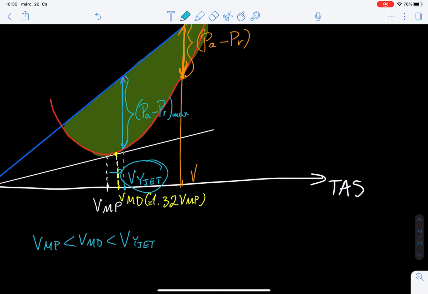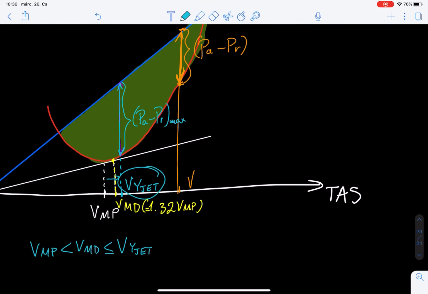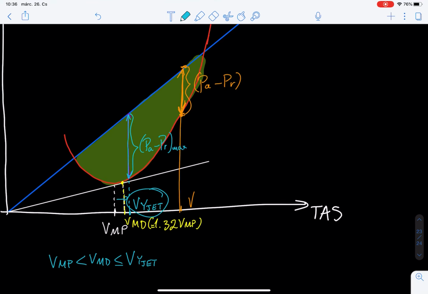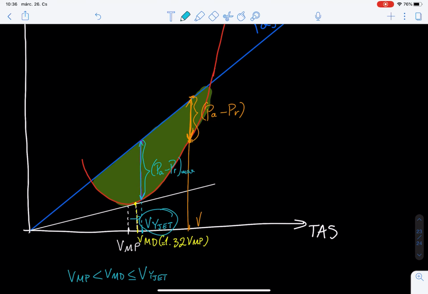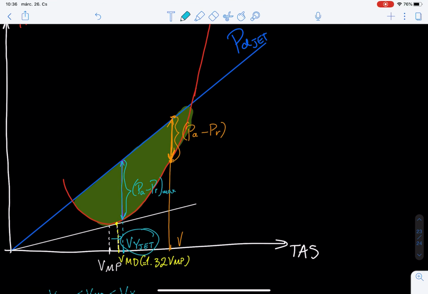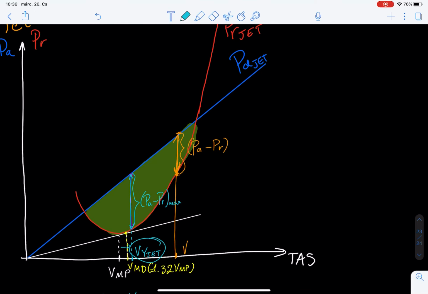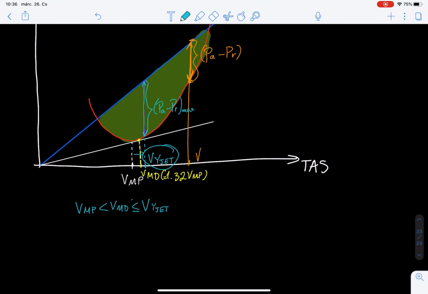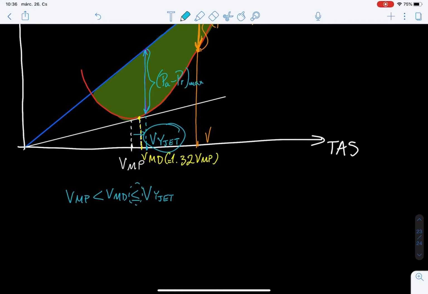Or actually, this is dependent, so the shape of all these curves is very much dependent on the thrust curve and everything, and the power required, which is going to be a function of many things. So there's a possibility that this could be equal, but it's continuously changing, and generally speaking higher than the VMD. So what we can see is that the Vy for the jet is going to be higher or equal than the Vx for the jet, right?